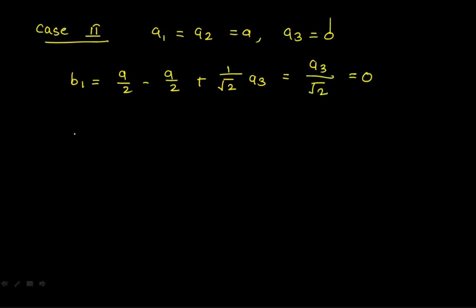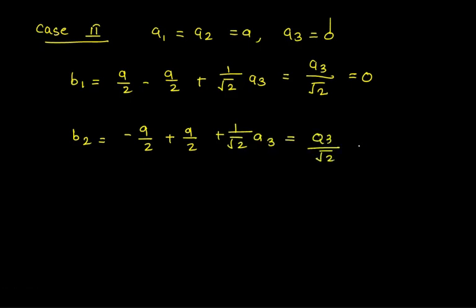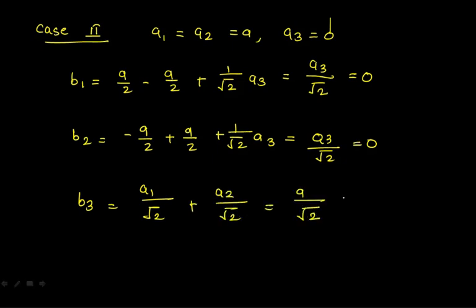Then B2 will have minus A by 2 plus A by 2 plus 1 by root 2 A3. Again it will be A3 by root 2, which is 0. And B3 is A1 by root 2 plus A2 by root 2, which comes to A by root 2, because equal power is given.